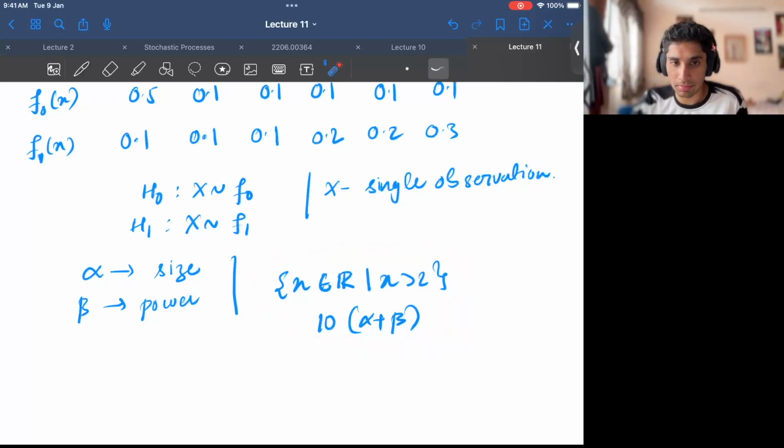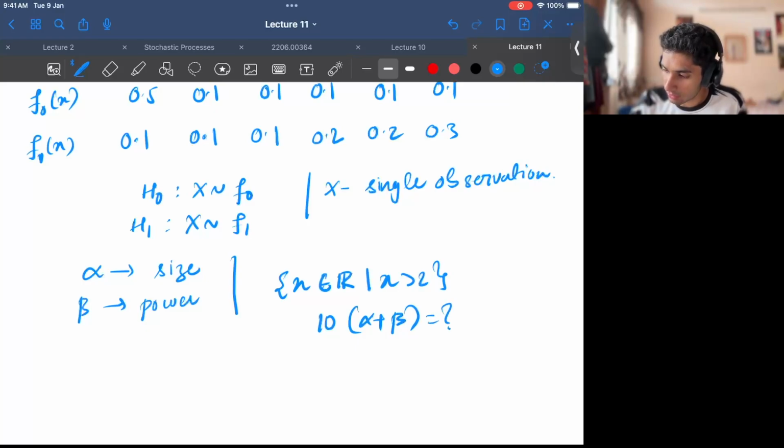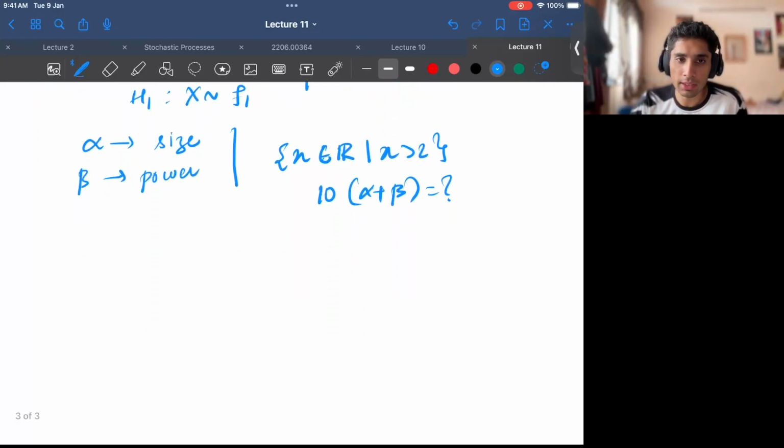If x is greater than 2, you reject the null hypothesis. If x is less than 2, you accept the null hypothesis. And the question is, what is the value of 10 times alpha plus beta?